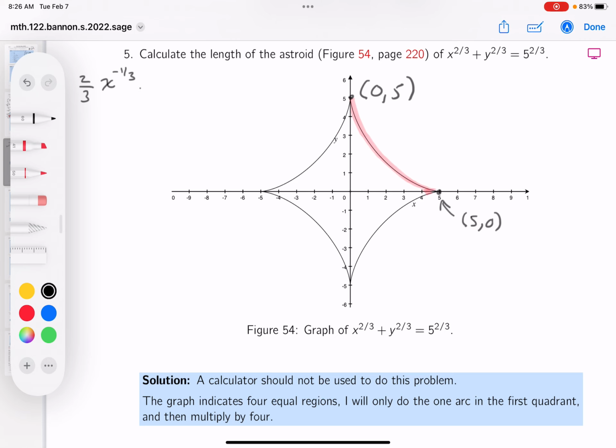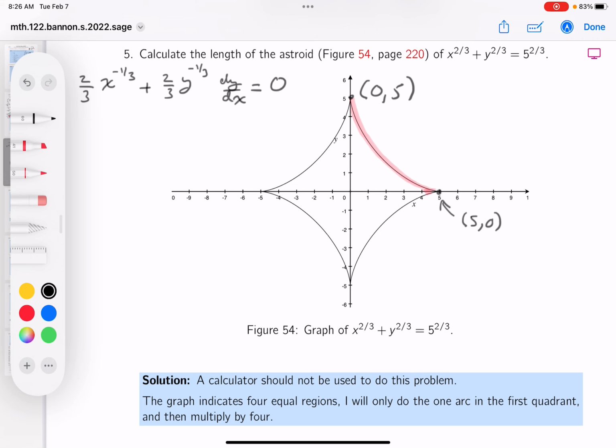All right, then I get plus, I'm doing implicit differentiation, 2/3 y, I'm going to reduce it by 1, so that's going to be minus 1/3. And now I get the dy dx. Take your derivative of the right-hand side, that's 0. That's pretty convenient. And what do you get?